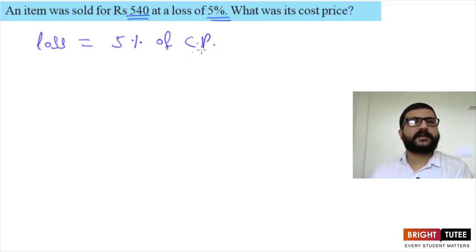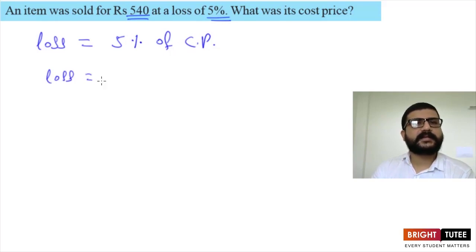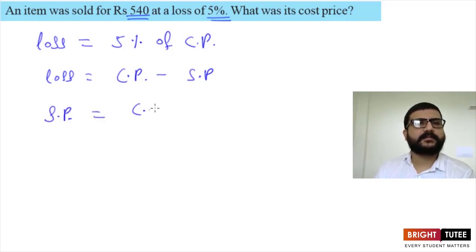Now loss is 5% of CP and we know loss is equal to CP minus SP, that is cost price minus selling price. From here we can get selling price or SP is equal to CP minus loss. We transposed SP on the left side and loss on the right side.